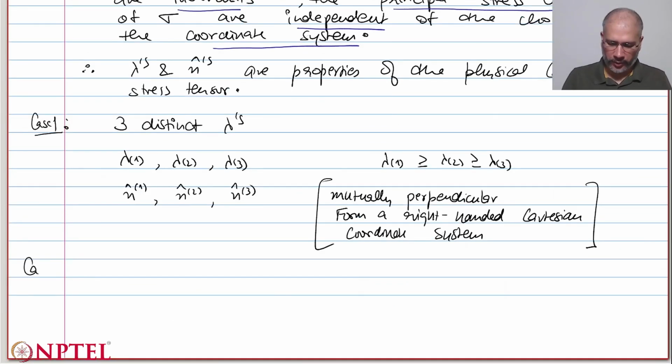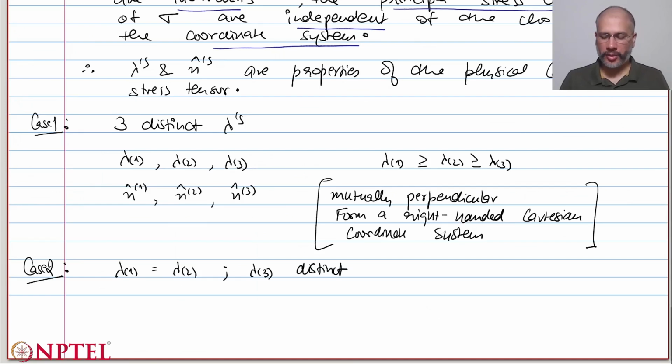Then we can have a situation, or a case 2, where two lambdas are repeated and the third lambda is distinct. So in this case, we get an n3 hat which is distinct, but corresponding to lambda 1 and lambda 2, we get a whole plane with all vectors in that plane being principal directions.